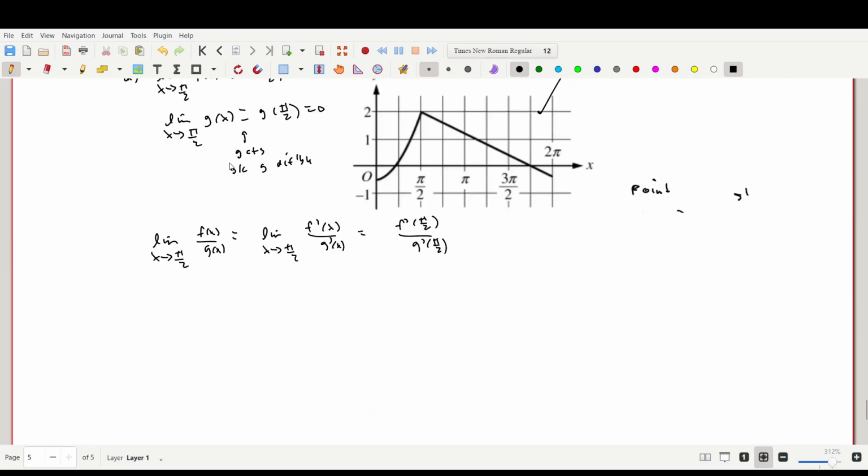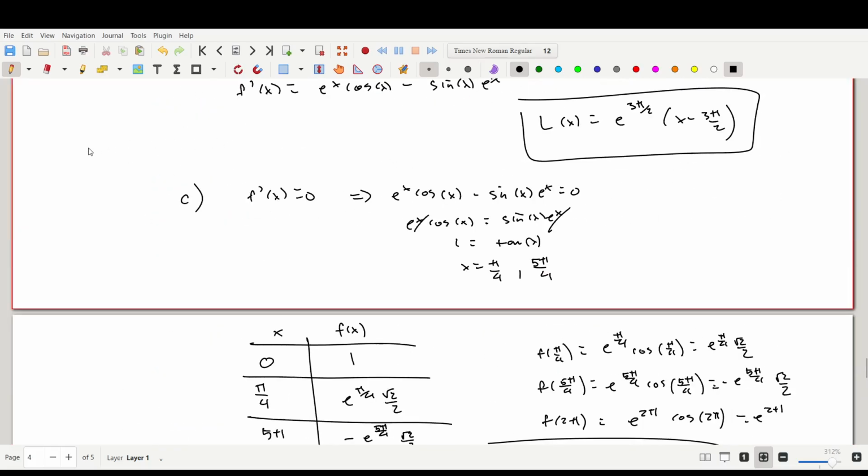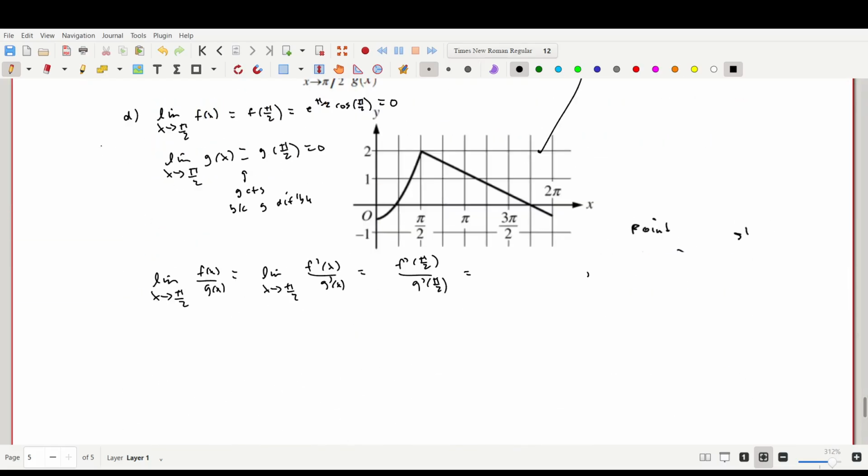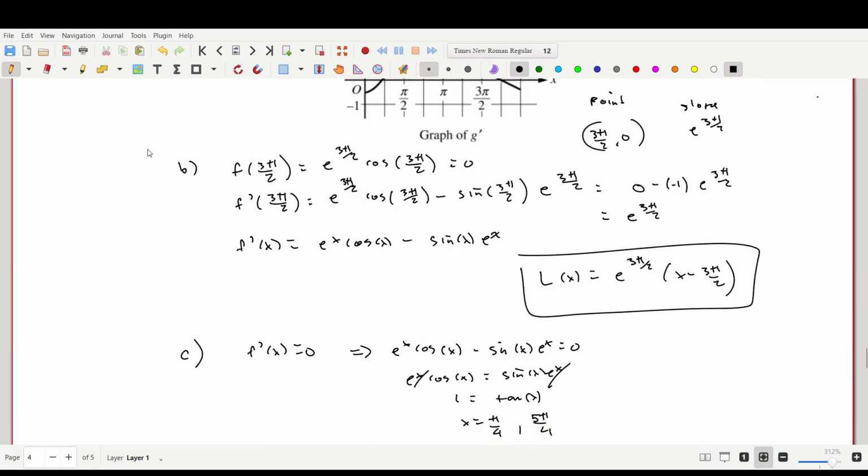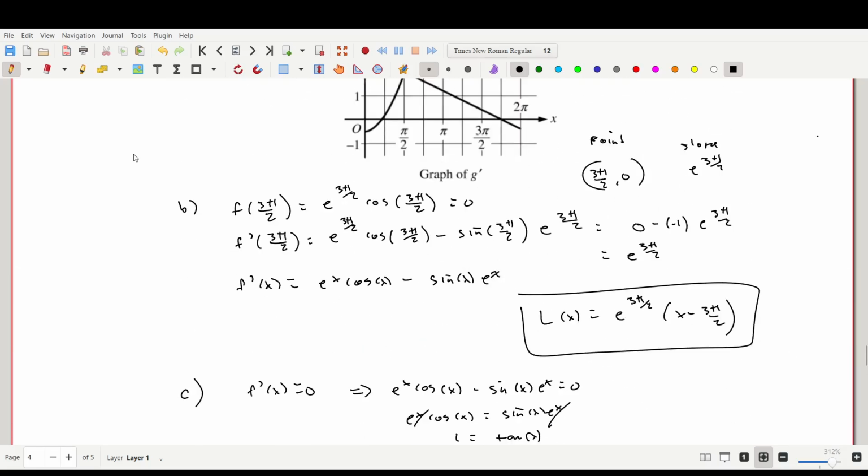And f prime of pi over 2, what is that going to be? What was f prime again? e to the x cosine x minus e to the x sine x.